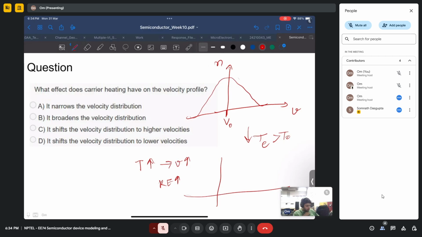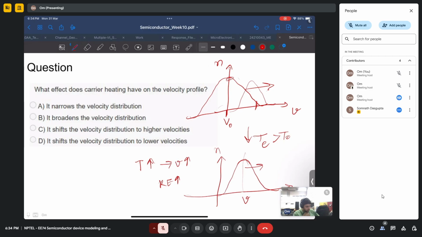So if this is the velocity direction, your distribution has to shift in this direction. More and more carriers will have a higher velocity. So this will go something like this, right? Basically the velocity distribution will shift to some higher velocity.